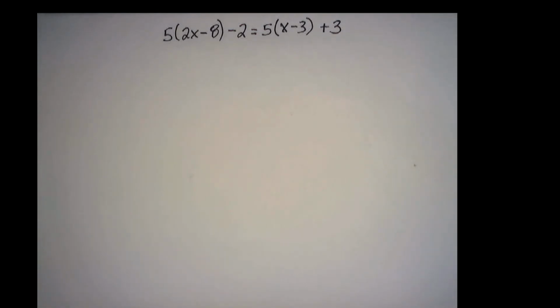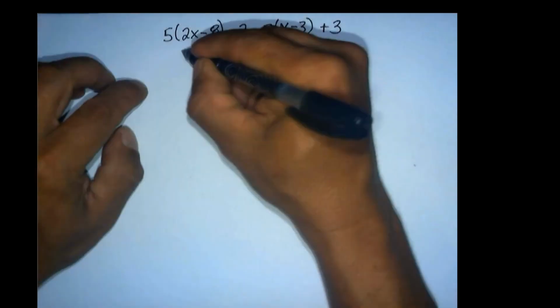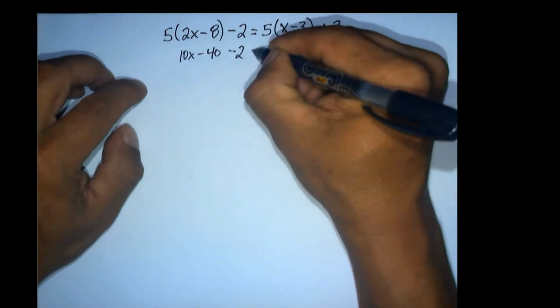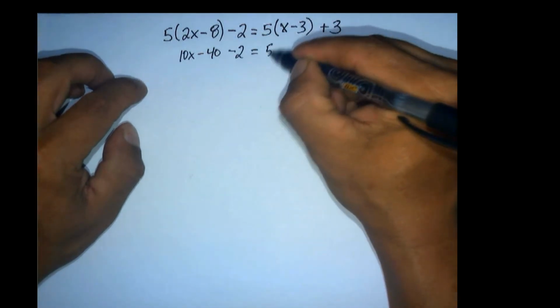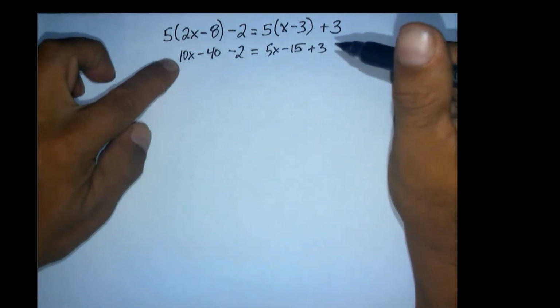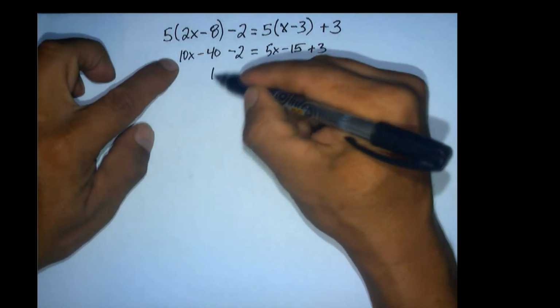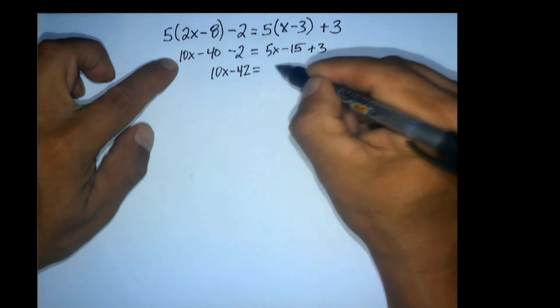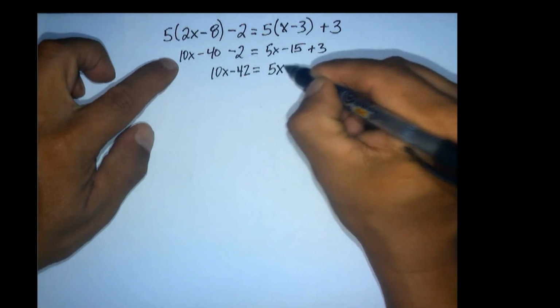Okay, so I'm going to distribute. So 10x minus 40 minus 2 equals 5x minus 15 plus 3. So I get 10x minus 42 equals 5x minus 12.